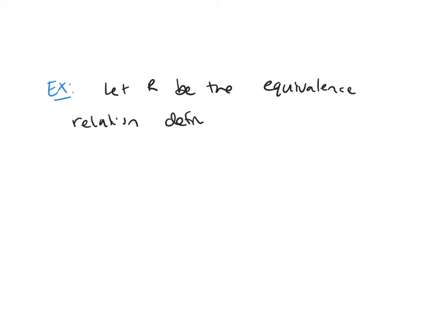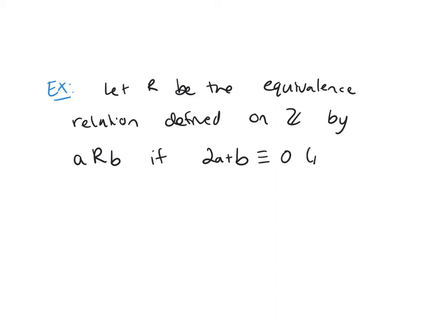So let's look at one more problem where we're trying to find the distinct equivalence classes. Let R be the equivalence relation defined on Z by A relates to B if 2A plus B is congruent to 0 mod 3.